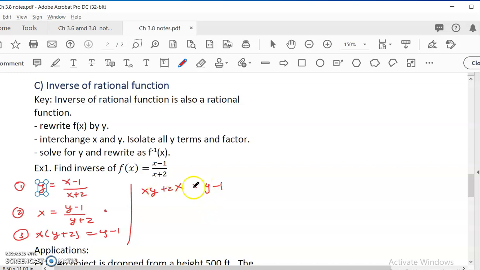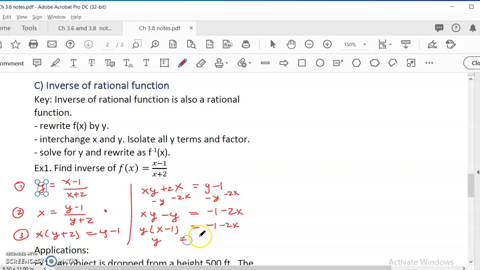So there's y on both sides, so we want to switch: minus 2x, minus 2x, minus y, minus y. So on this side we have xy minus y, and on the other side we have negative 1 minus 2x. Then we factor the y out: y times (x minus 1) equal to negative 1 minus 2x.